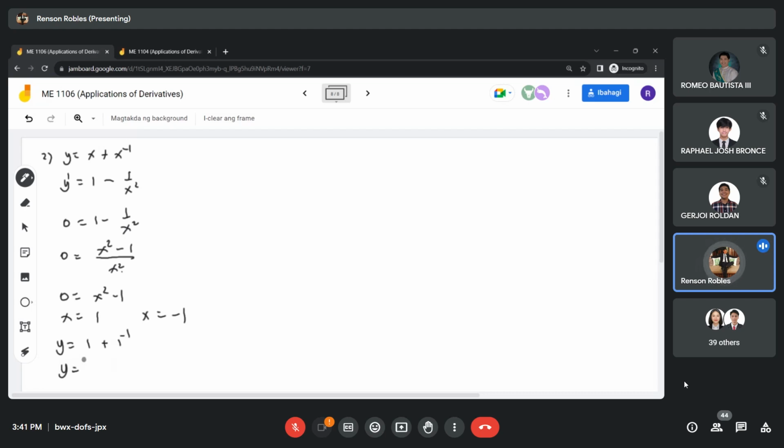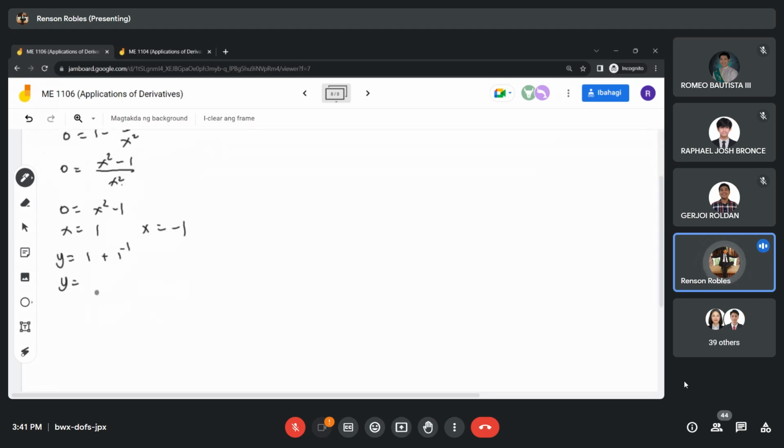Y equals, what is this? 1 plus 1 raised to -1. Sir, 2 po. All right. So you have a point 1, 2. Next, when x is -1, y is -1 plus -1 raised to -1. So what is y?